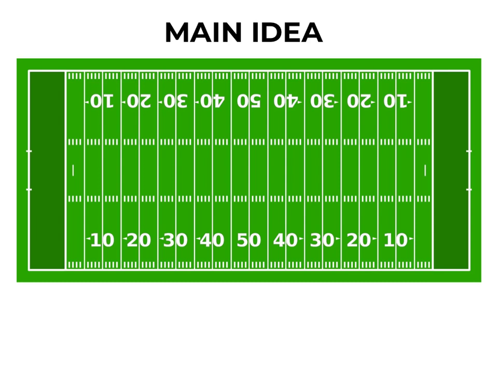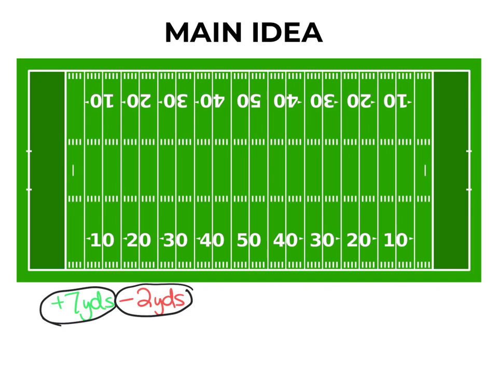So let's say that on the first play, your team gains 7 yards, but then on the second play, they lose 2 yards. What's their total yardage? We look and you have 7 positive yards and 2 negative yards.